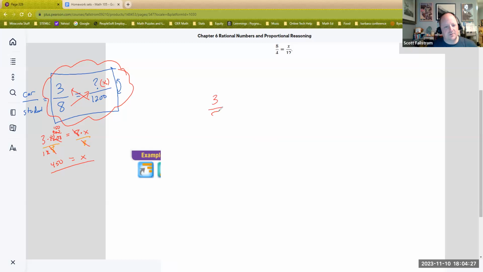If I started with 3 over 8 and somebody told me it's equal to x over 1,200, I probably wouldn't use proportional reasoning, because all I'm trying to do is find x. So I could multiply both sides by 1,200 using the multiplication property of equality, and then 1,200 divided by 1,200 goes away. And I've got x by itself in one step.